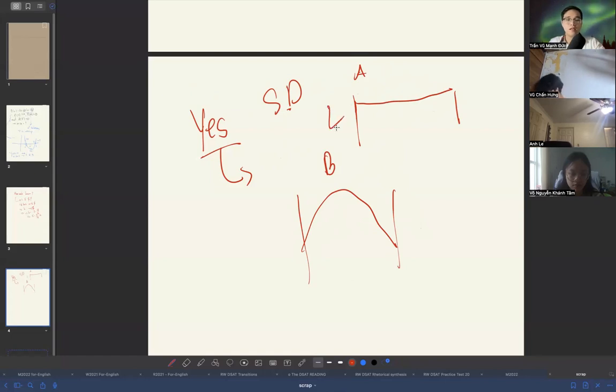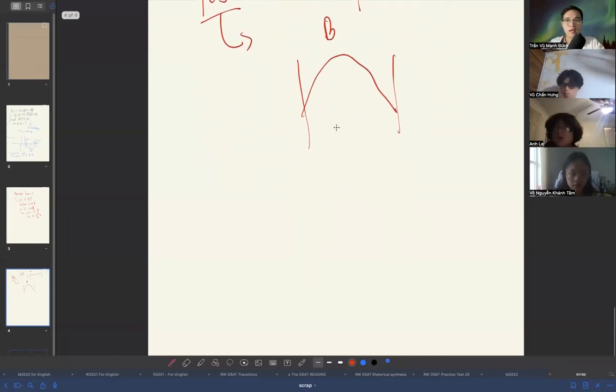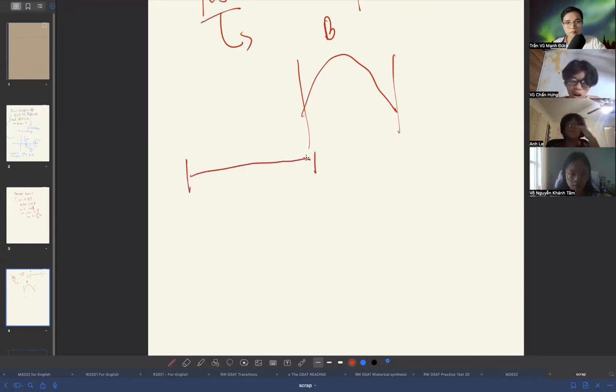And Hung's question was, what about the range? Is there a correlation between the range and the standard deviation? If you have this range, for example, from 5 to 10, and the graph is like this.